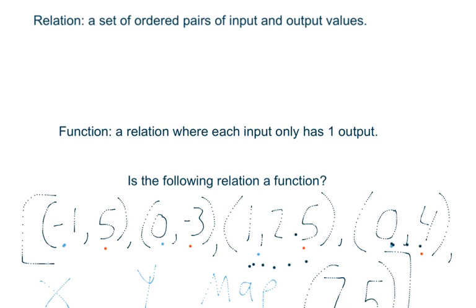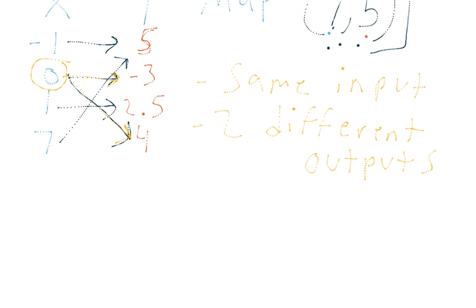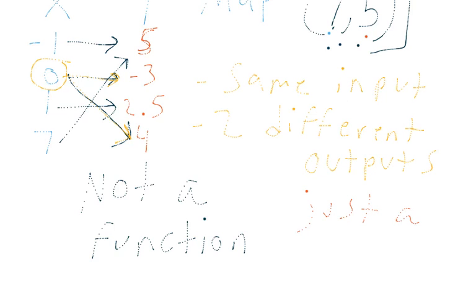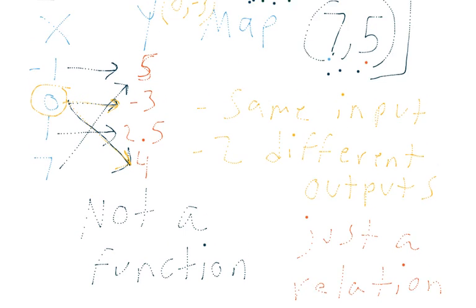But if I had 0, -3 and another 0, -3, that's fine because it's the same x and the same y. It's just showing it again. It wouldn't make any difference. But in this case, I have 0, -3 and I have 0, 4. So that x input has 2 different outputs, so this would not be a function. It's still a relation, a collection of ordered pairs, but it's not that special type that makes it a function.